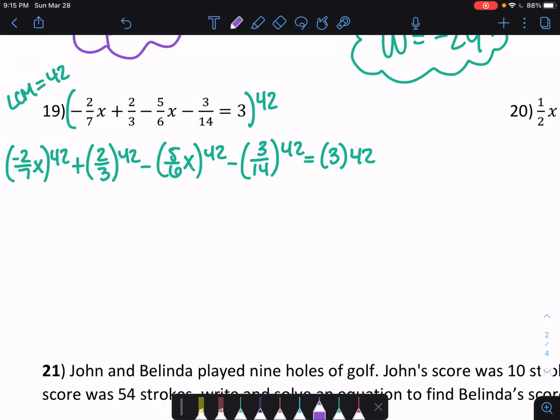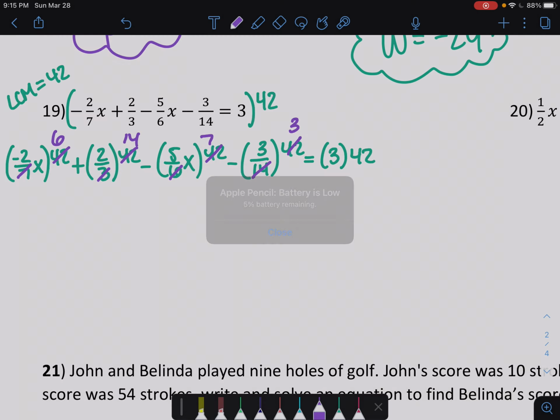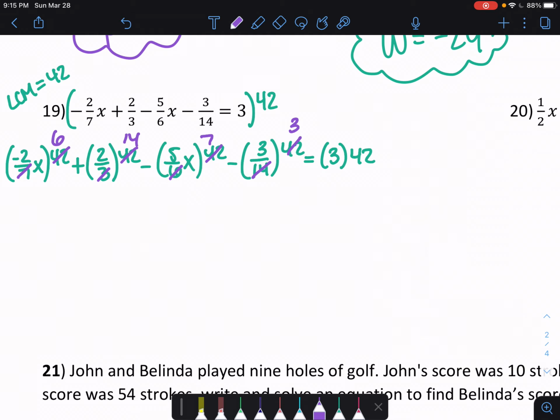Now cross canceling is going to take care of a lot. So here I'm going to get a 6, 14, 7, 3, and then on the left side there, I am going to multiply by 42. So I'm not cross canceling there. I'm actually multiplying by 42.